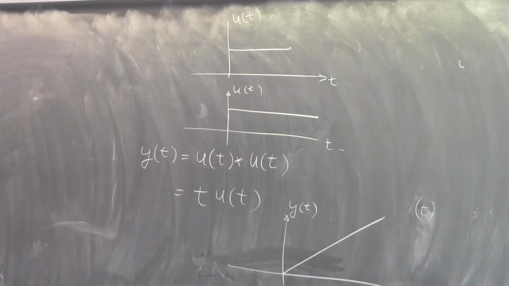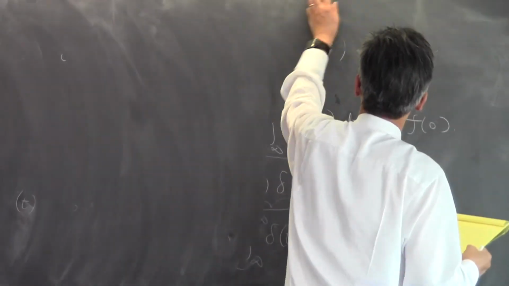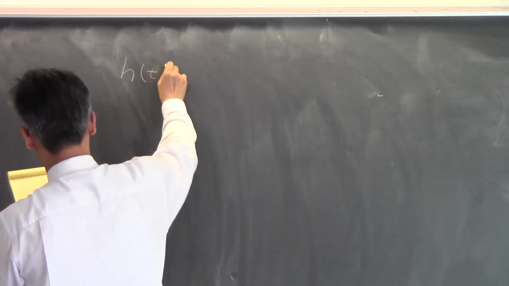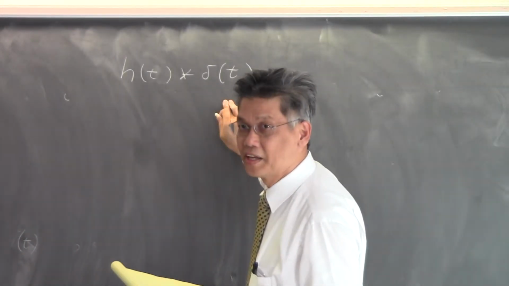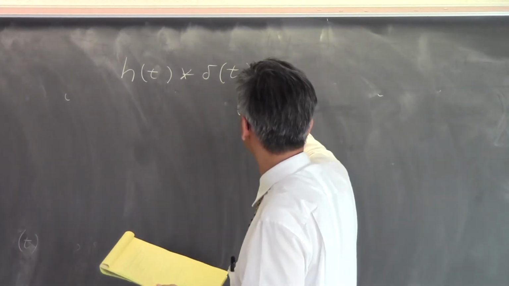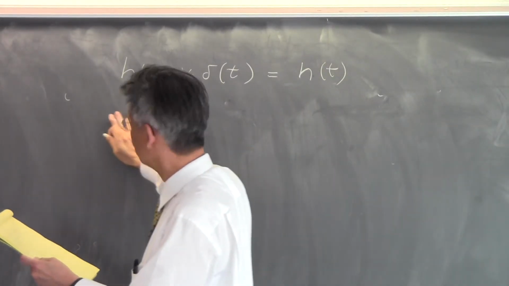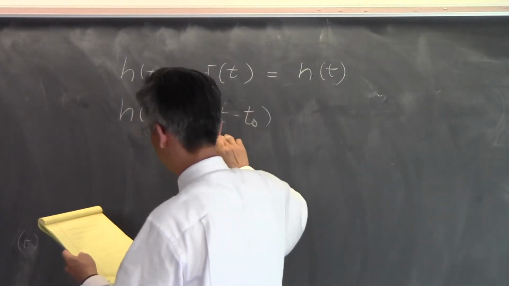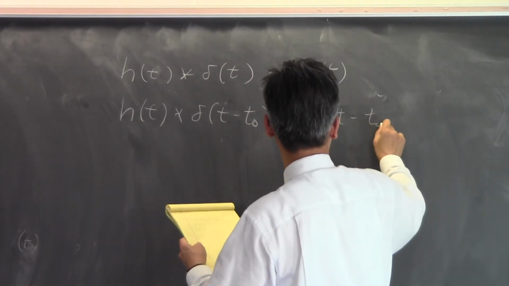And then you have the property that I just stated before: if you have h(t) convolving with delta(t), anything multiplied by delta(t) when integrated always gives back itself. This just gives you h(t). And if you have this convolving with delta(t minus t naught), using the property of the delta function, this just gives you h(t minus t naught).